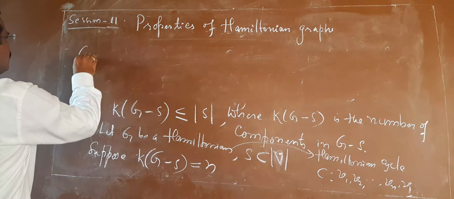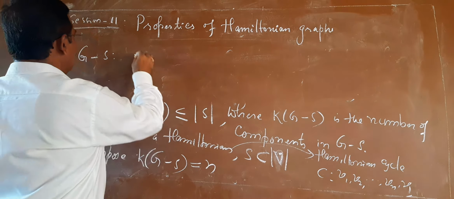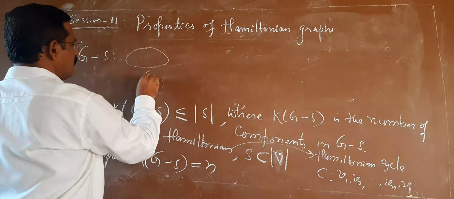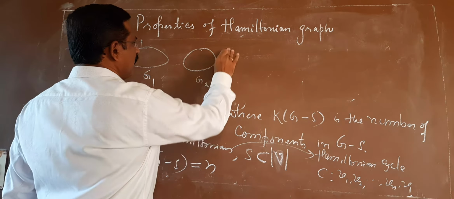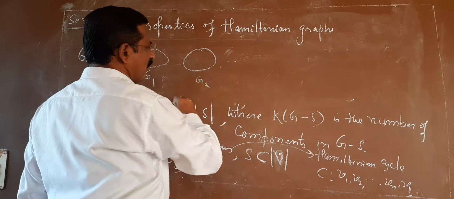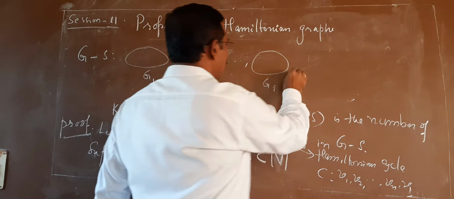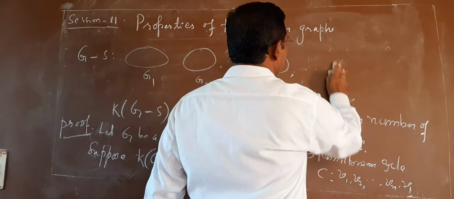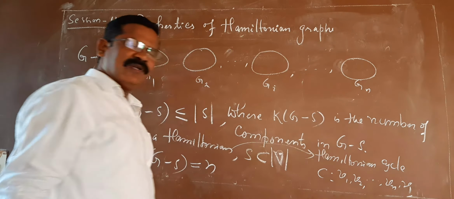Then the graph G minus S has n components. Say this is one component, G1, this is another component, G2, and like that. Say this is the component Gi, and this is the component Gn. So there are n components.